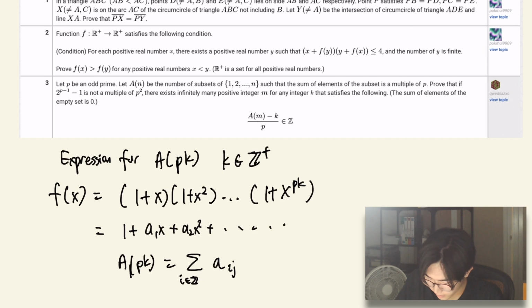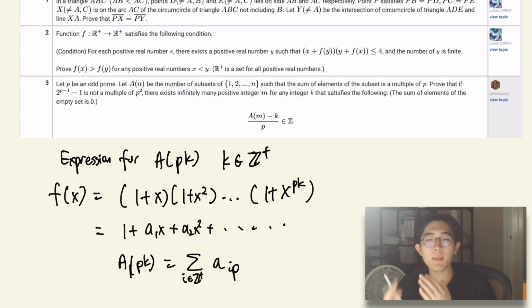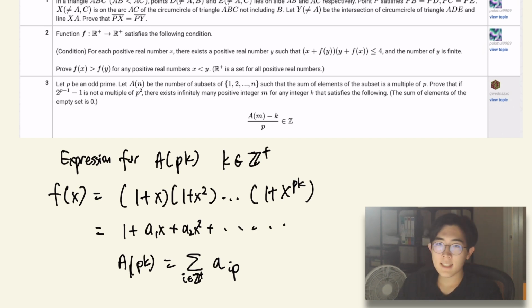Sorry, it shouldn't be ij, it should be ip. So basically, a_pk is the sum of the coefficients of x whose powers are a multiple of p.